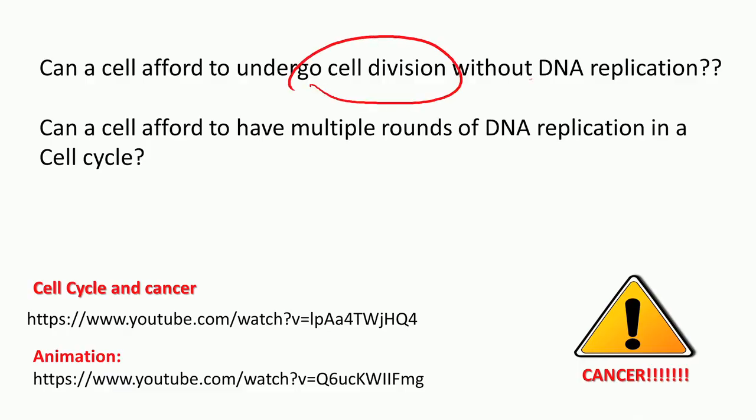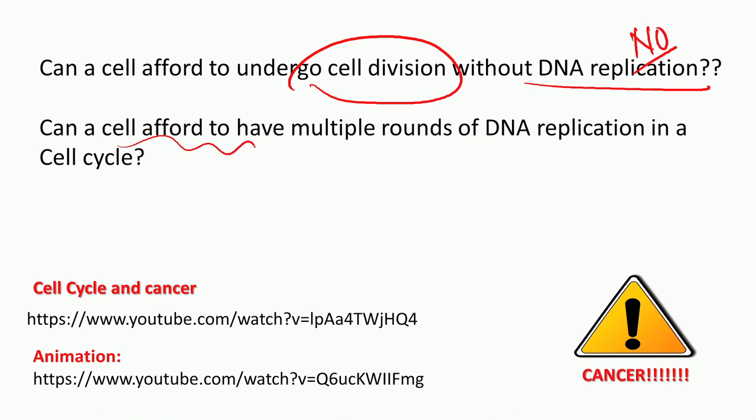And I will pose this question to you: can cells afford to undergo cell division without undergoing DNA replication? And the answer is no, that is not possible, and it is very obvious, because if a cell without even duplicating its DNA is going to divide, it is just going to pass on the chromosomes in a very arbitrary fashion, and the two daughter cells will not receive all the necessary information to do the body functions or the organelle function. So, it is not possible for a cell to divide without the process of DNA replication.